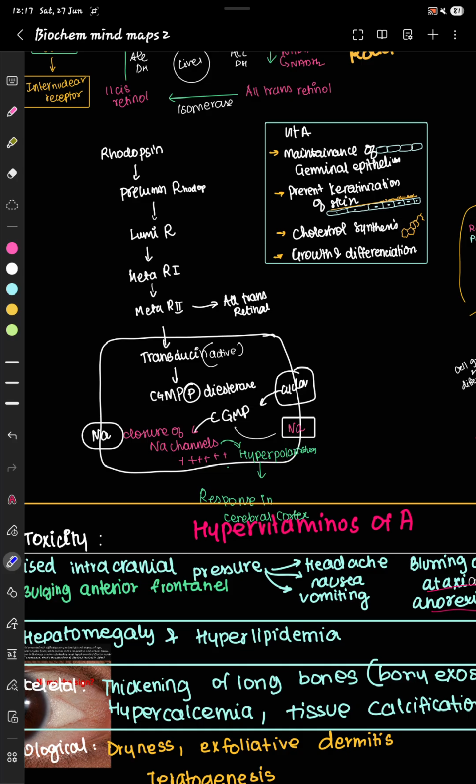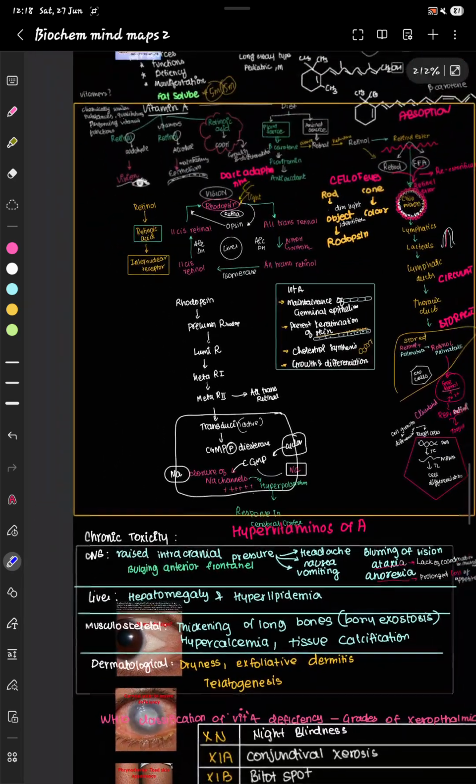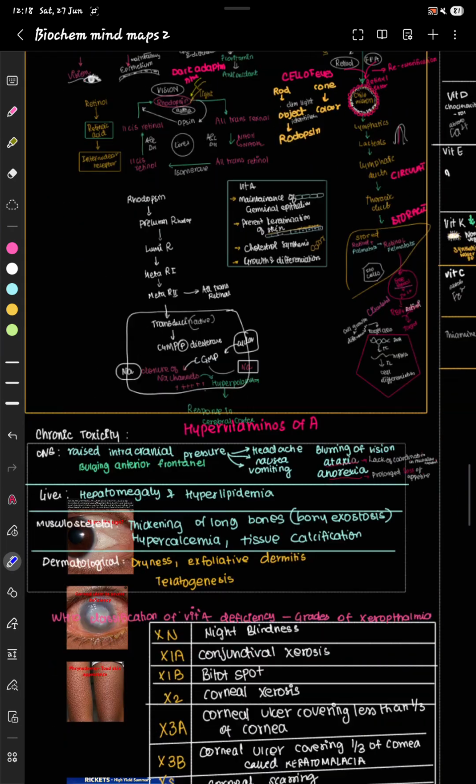There are bipolar cells, and this whole cycle is happening, and there is a deep hyperpolarization, the closure of sodium channels, and the signal goes to the bipolar cells. Bipolar cells will get activated, and we'll see what's going on outside. So this was all about vitamin A.